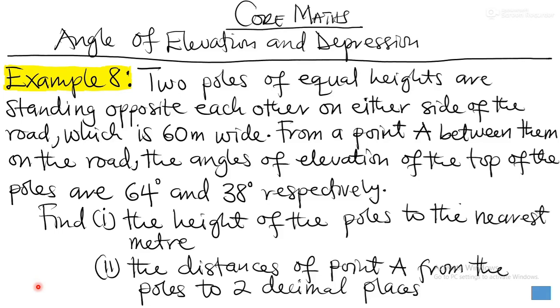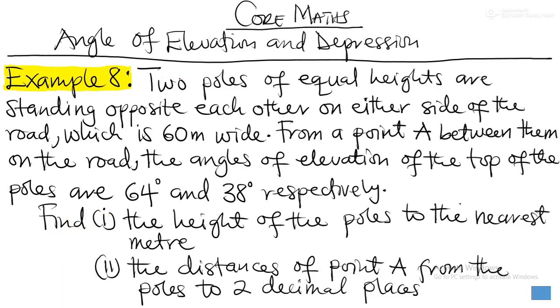Now we are to find the height of the poles to the nearest meter and the distances of point A from the poles to two decimal places. Good. So we have now read the question to understand, we have visualized it. It's left for us to get the key information from the question to help us draw the diagram.